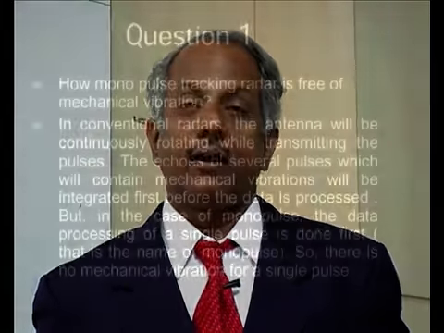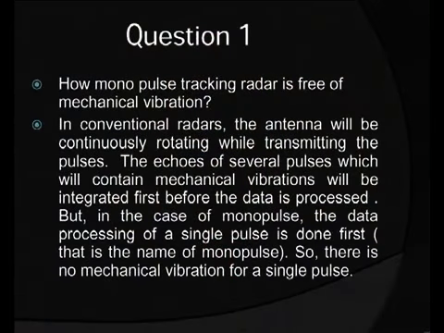How is monopulse tracking radar free of mechanical vibration? In a conventional radar, the pulses are sent while the antenna is moving from one location to another. So the mechanical vibrations due to antenna movement will be contained within these transmitted pulses and the echo also has the same thing.